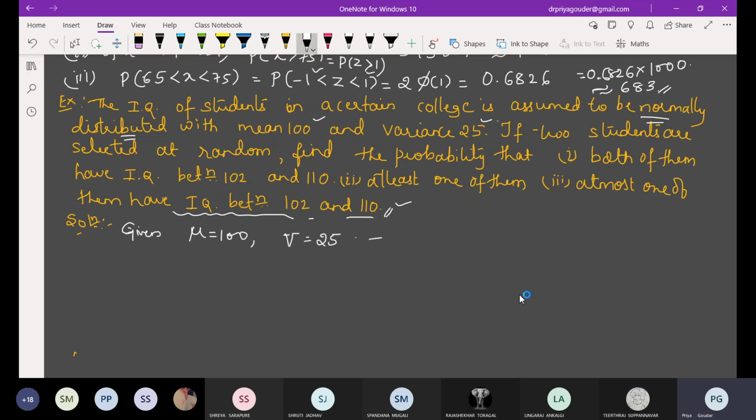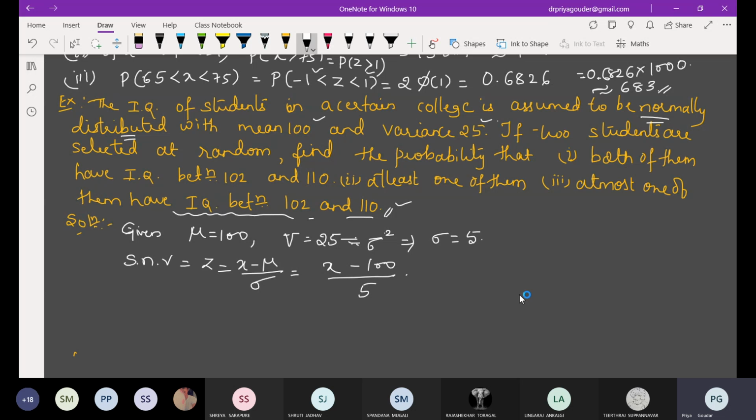So sigma square is given as 25. This implies sigma is 5. Okay, done. Now first I will take the standard normal variate. SNV means standard normal variate Z, given by the relation x minus mu divided by sigma. So x minus 100 divided by 5.